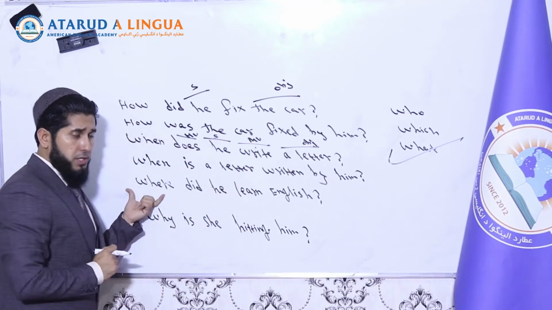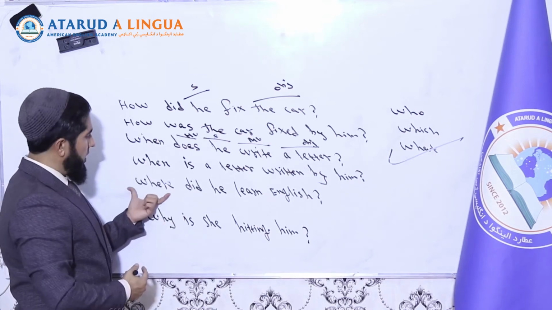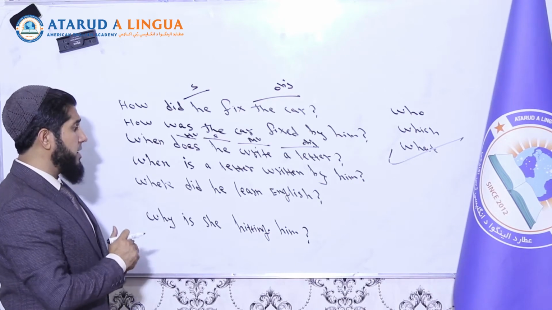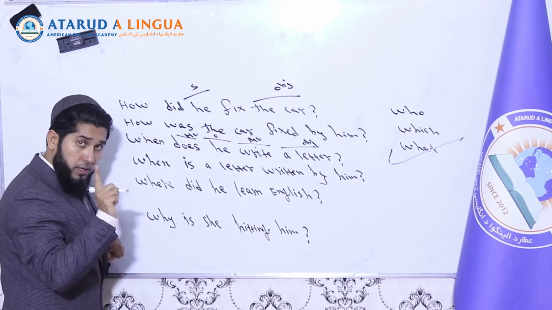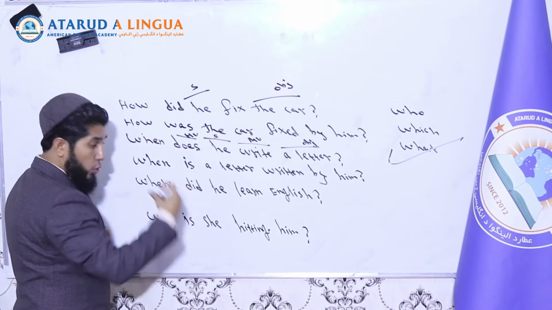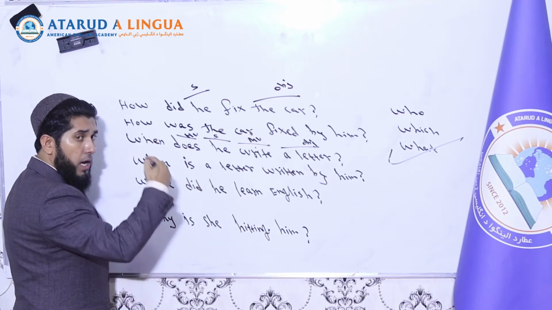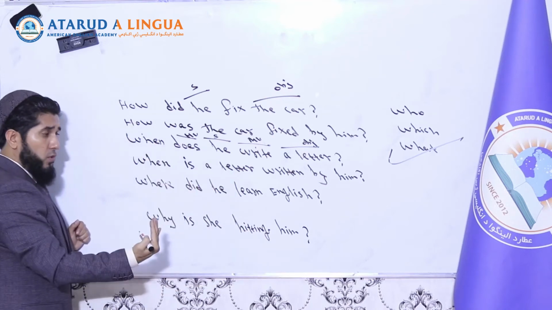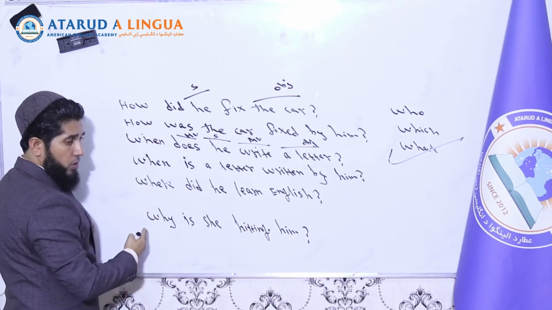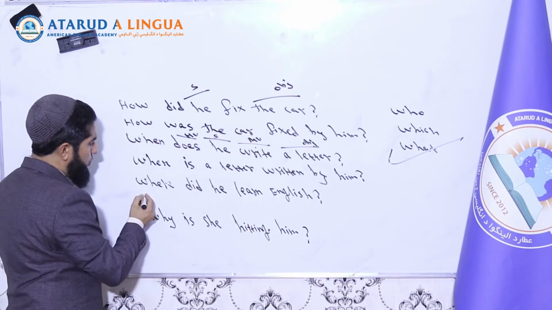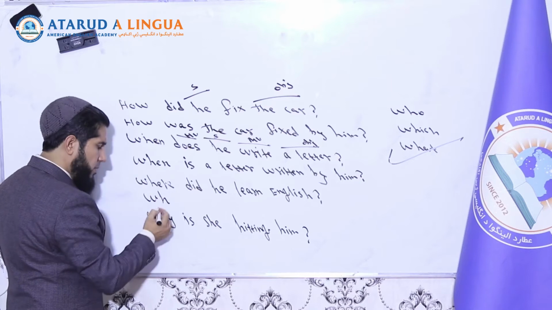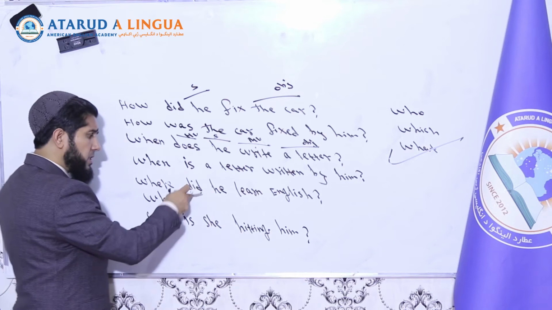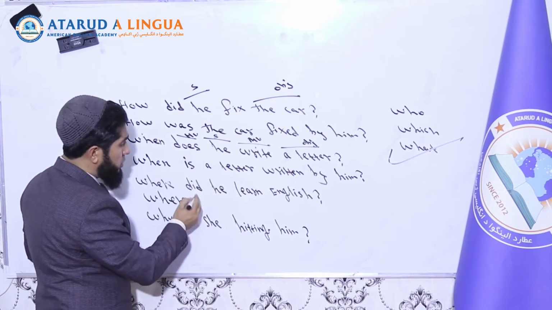Look at the third sentence in which we have used the WH question word where. Where did he learn English? Again, don't forget this rule: when you change an information question or WH question from active to passive form, and you have these four WH question words, you bring your WH question word at the beginning of your passive sentence. So where and where, okay? Since it's simple past tense, you change auxiliary did to was.